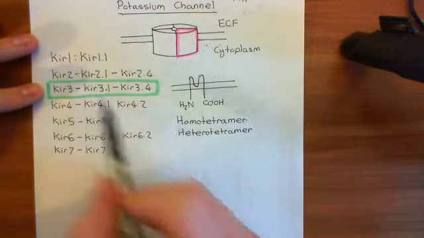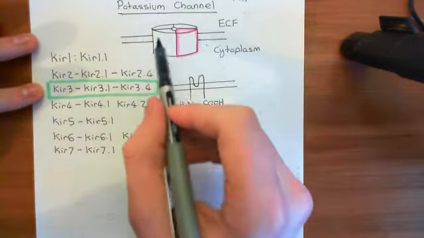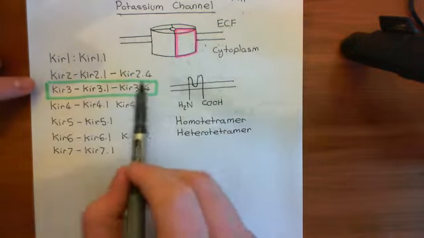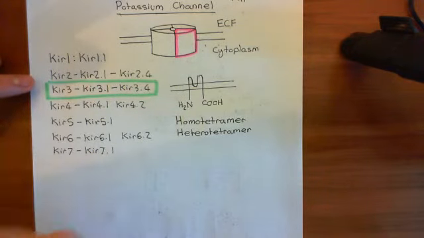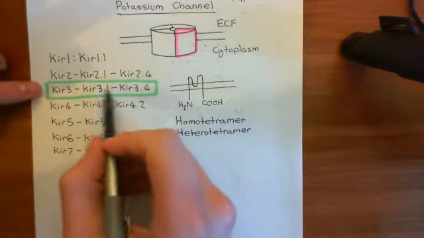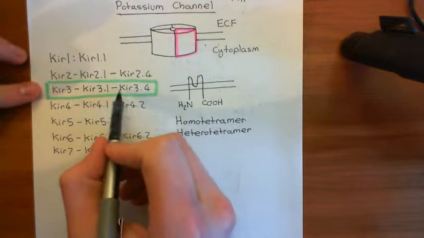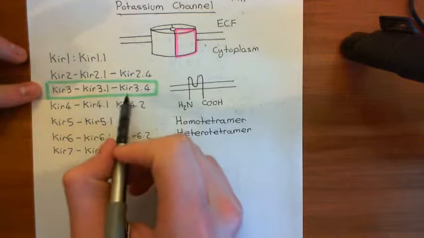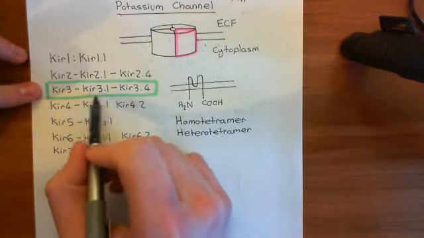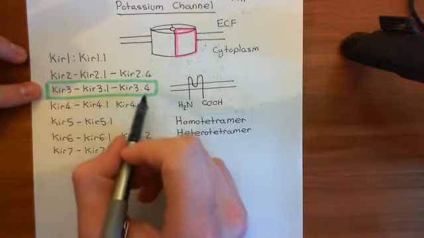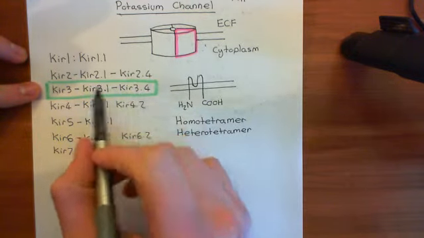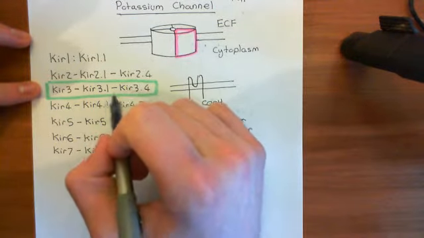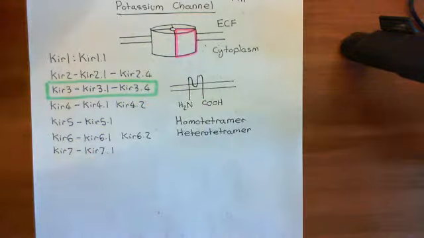It will produce a homotetramer where the 4 subunits are all KIR1.1s. But if you're in a bigger family like this, generally you don't just pick 1 of the members of this family. Instead, you will pick 2 of them, and then you can produce heterotetramers which contain those 2. So, for instance, you can pick KIR3.1 and KIR3.4, and you could produce a heterotetramer which contains both KIR3.1 proteins and KIR3.4 proteins.